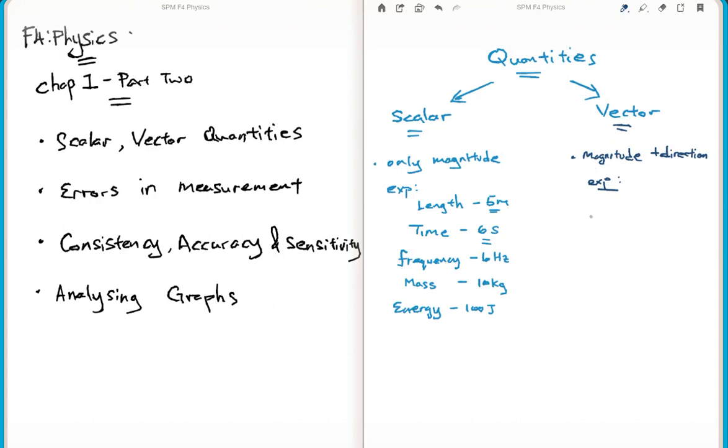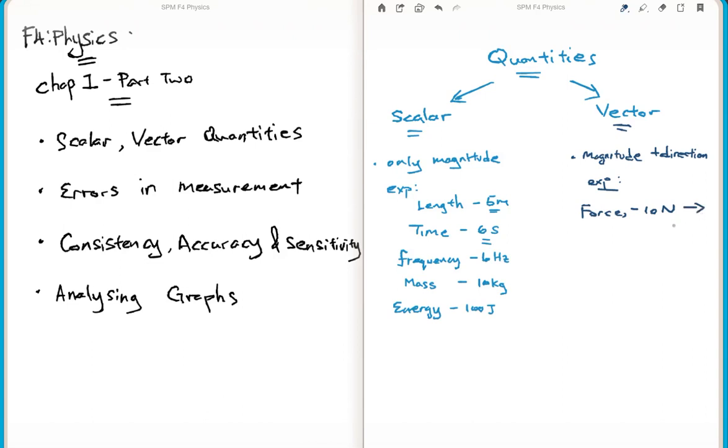Force, F, say 10 Newton. 10 Newton is also a special unit, where force equals ma, mass times acceleration, meaning the force may be 10 Newton to the right.